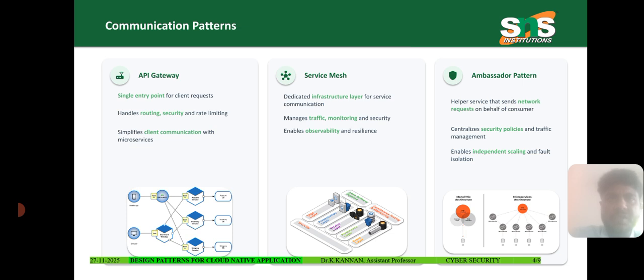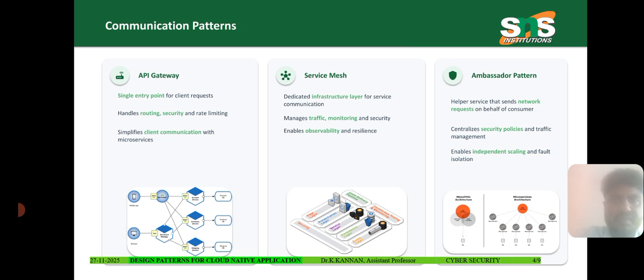Next one is communication patterns like API gateway, service mesh and ambassador pattern. The API gateway is called the single entry point for client requests, handling routing, security and rate limiting, and simplifying client communication with microservices.